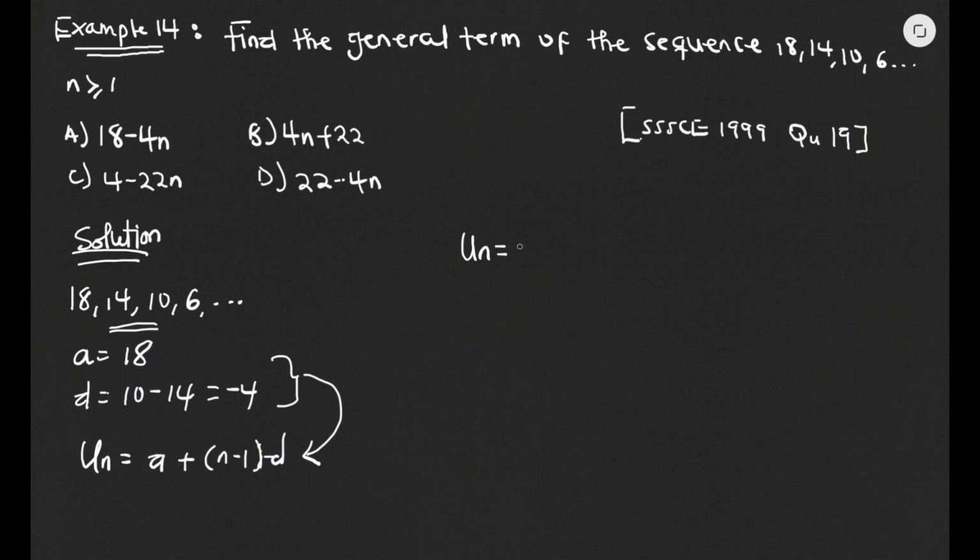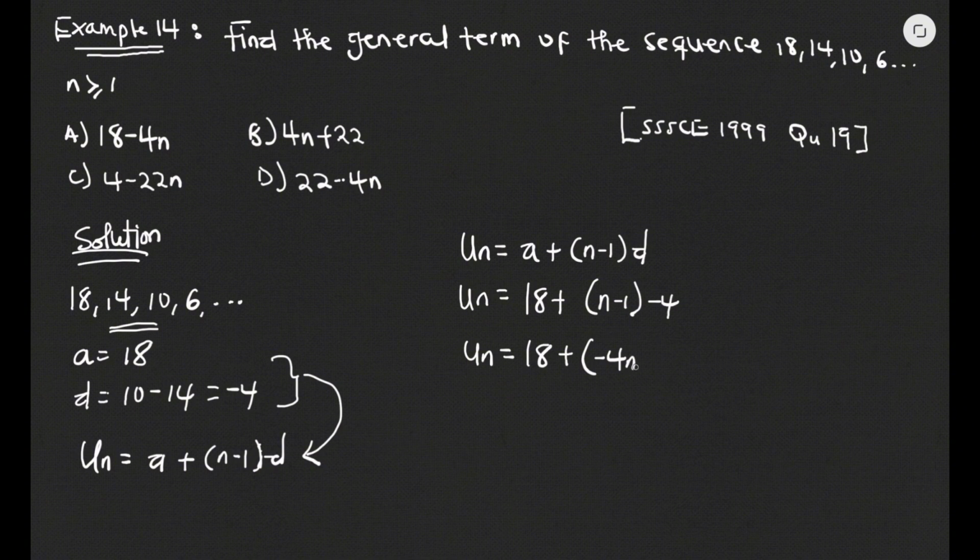So my un is equal to a plus n minus 1 all multiplied by d. Then my un is equal to a, which is 18, plus n minus 1 multiplied by the difference, which is minus 4. So I have un equal to 18 plus negative 4 multiplied by n, which gives me negative 4n, and then negative 4 multiplied by negative 1 gives me positive 4.